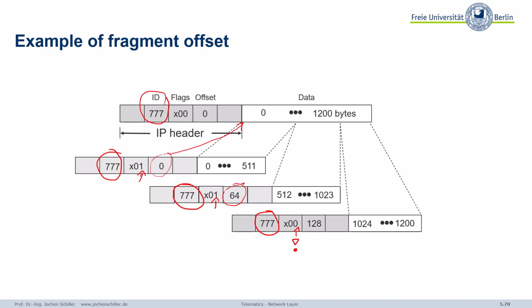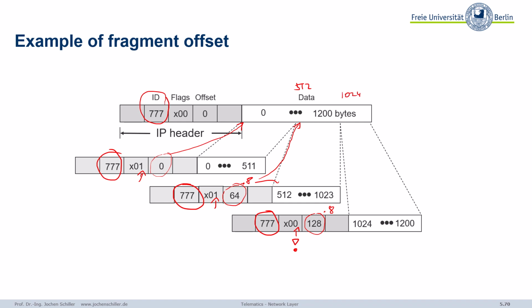64 times 8, that's exactly my 512. That tells me I start here at 512. And then 128 times 8, that tells me, okay, I start here at 1024.